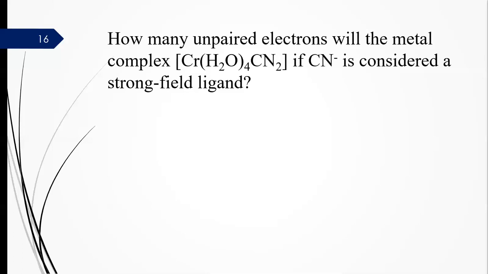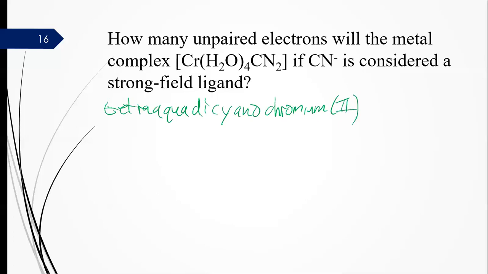Now, if we wanted to name this, this would be our tetraaqua dicyano chromium(II). And I know that it has to be chromium 2 because our charges have to balance. So we have our ligand there, our metal complex.